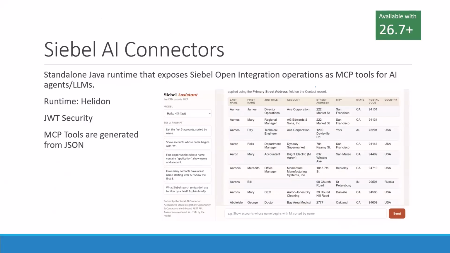Especially AI, and even more especially so the AI connectors. So what does that mean? Maybe you remember way back, Siebel 22.10, that's almost 4 years ago. That was pre-ChatGPT era, or it was basically just launched. And in that release, Oracle launched the very first AI integration.